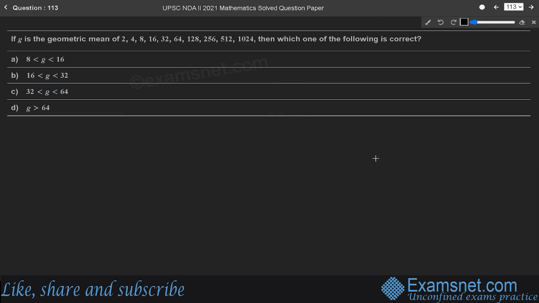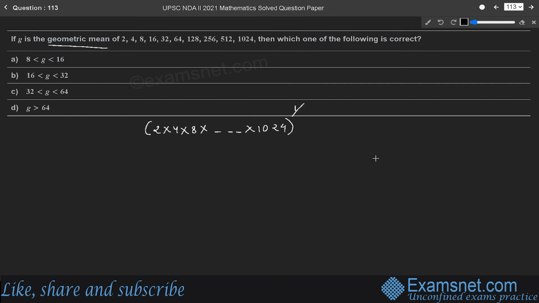Next question is, if G is the geometric mean of 2, 4, 8, 16 up to 1024, then which one of the following is correct? In the question it is given that it is a geometric mean. So the concept is to multiply all the values, which will be 2 into 4 into 8 into so on up to 1024, and the power will be 1 by the total number of values, which is 10.